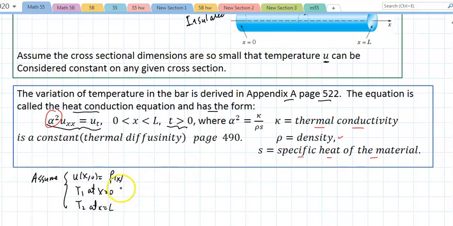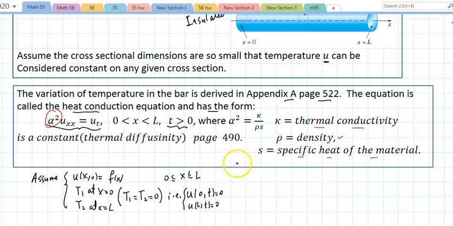So we assume here that the temperature in the beginning and the temperature at the end will always be 0, which means u at 0,t is 0, and u at L,t is also 0, and x is going to vary between 0 and L. This would be the initial temperature.